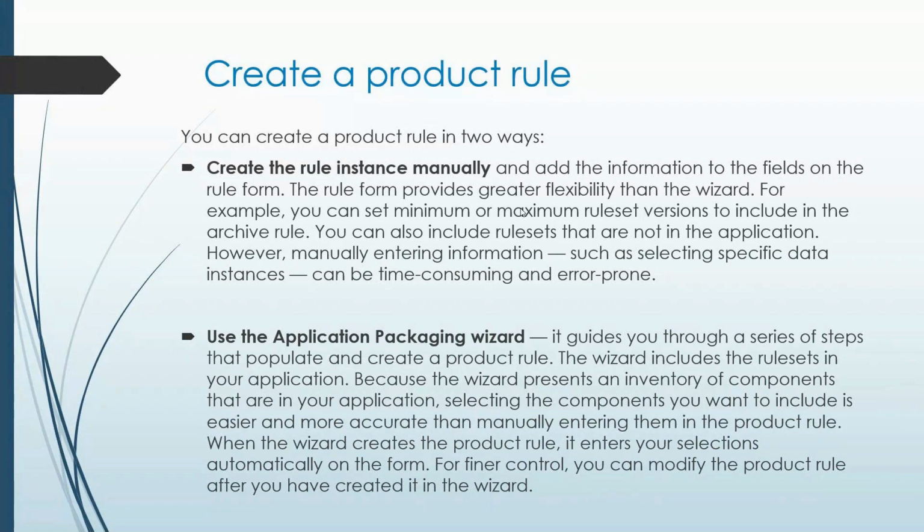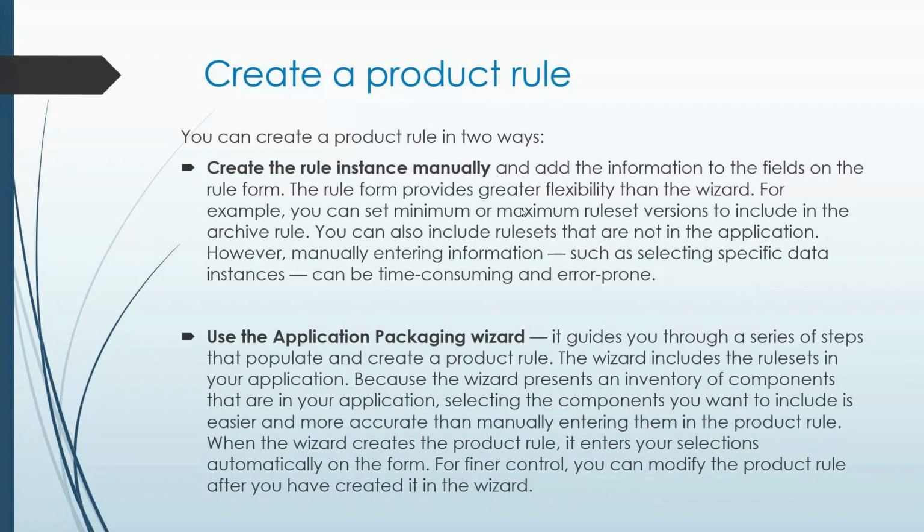So that it's easy for me without missing out anything. It's easy for me when I'm dealing with huge applications. I can go for a packaging wizard. Right? It shows me all the details. I can select and deselect what is required, and it's more like an organized way of generating your product rule.